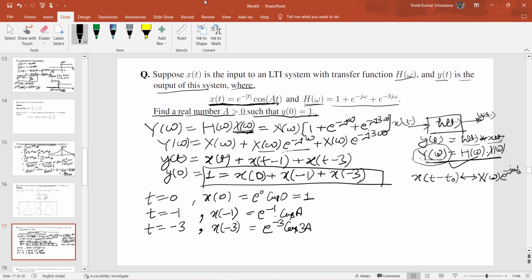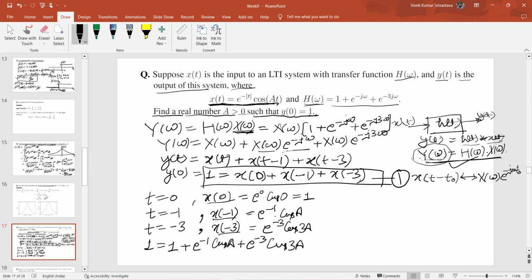Okay, so now we can substitute the values of x of 0, x of minus 1 and x of minus 3 in this equation, that is equation 1. So you will get 1 equals 1 plus e raised to the power minus 1 cos of a plus e raised to the power minus 3, and now this will be cos of 3a.